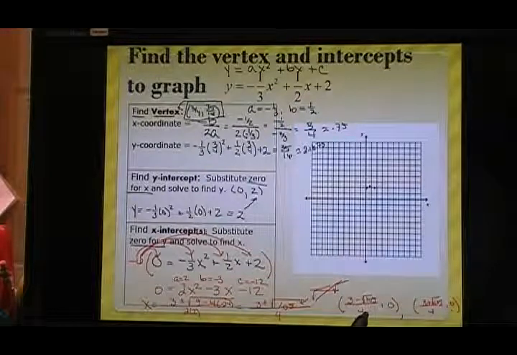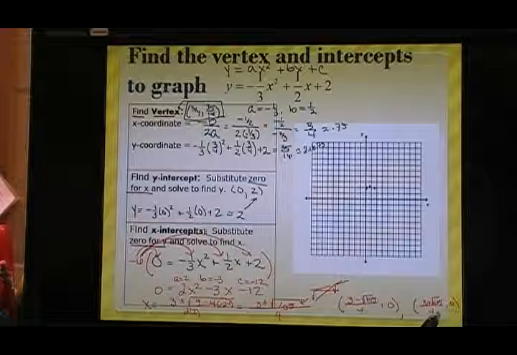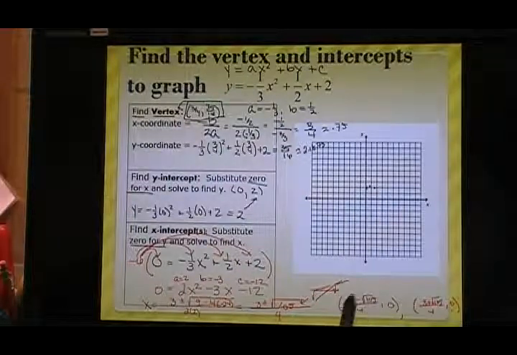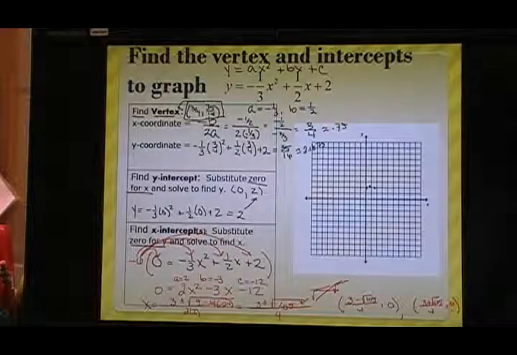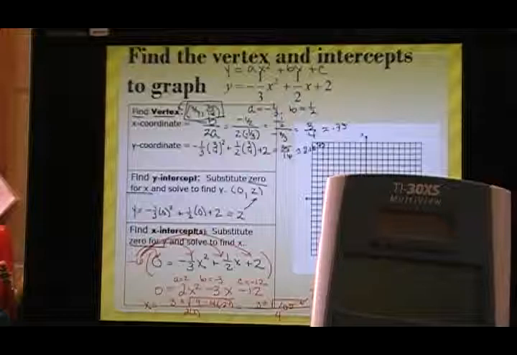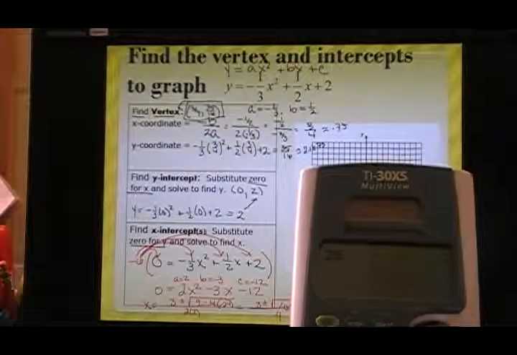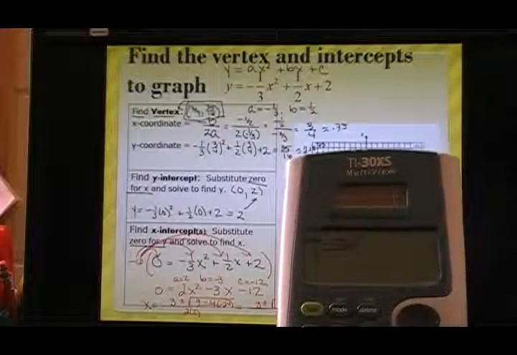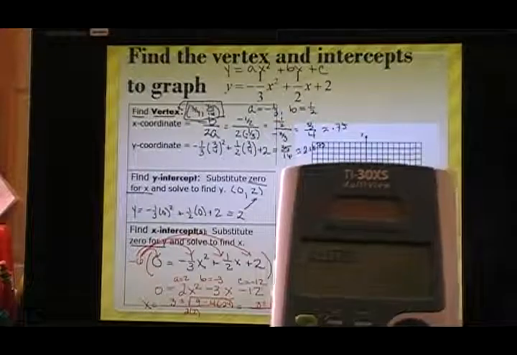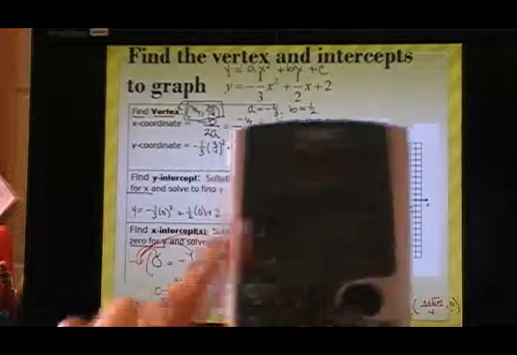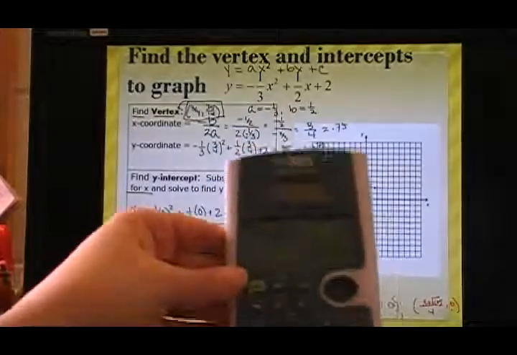Okay, so those are exactly what the intercepts are. But to be able to place them, you're going to have to find a decimal approximation. So in your calculator, like I was saying before, if you type in 3 minus the square root of 105 all over 4 and hit enter, if you have this same type of calculator, it gives you basically the exact same thing back.